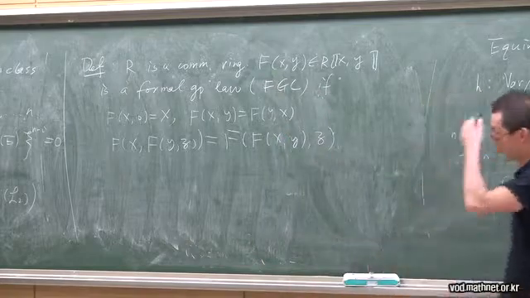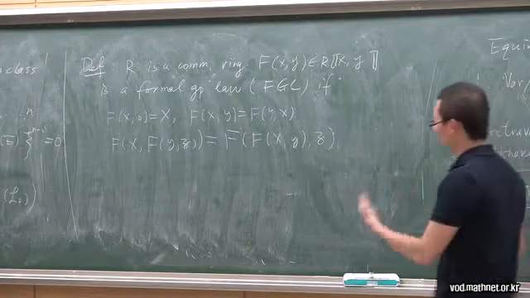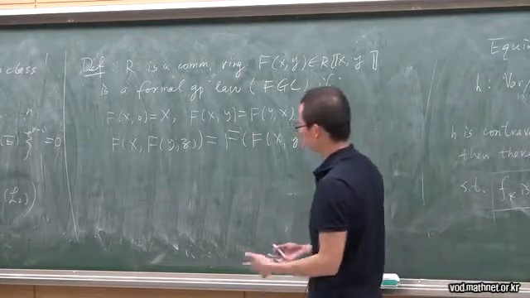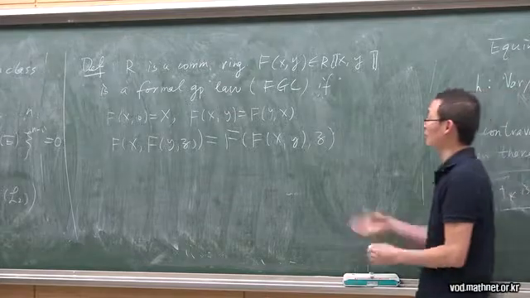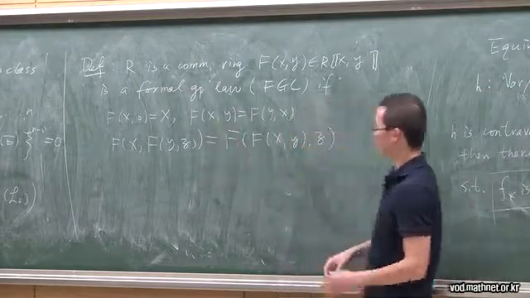These three conditions actually give you the definition of a one-dimensional commutative formal group law, but for many people we'll just say formal group law, because this condition says it's commutative.